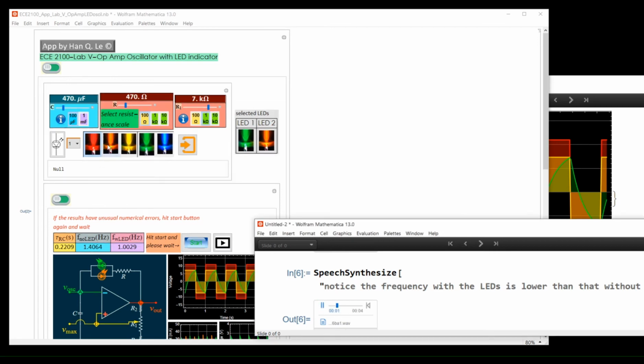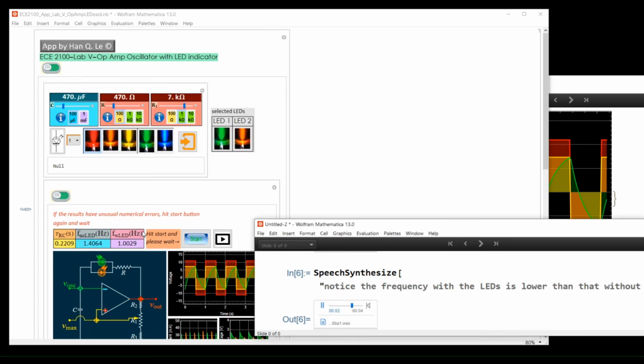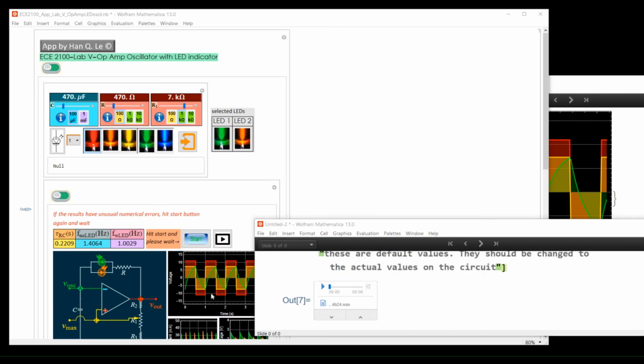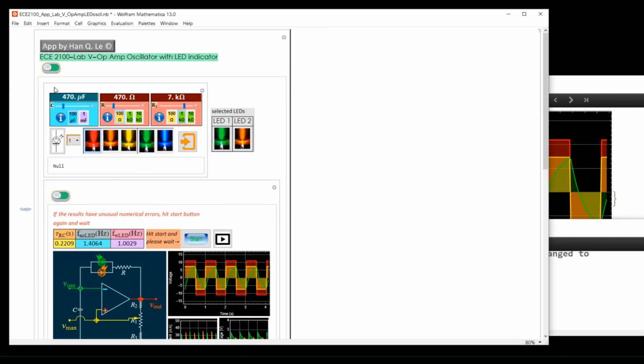Notice the frequency with the LEDs is lower than that without. These are default values. They should be changed to the actual values on the circuit.